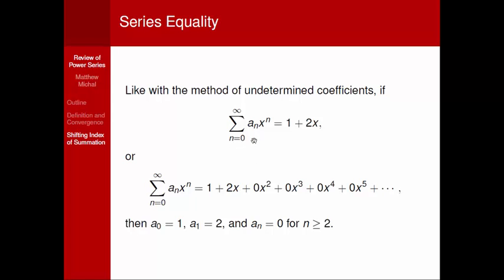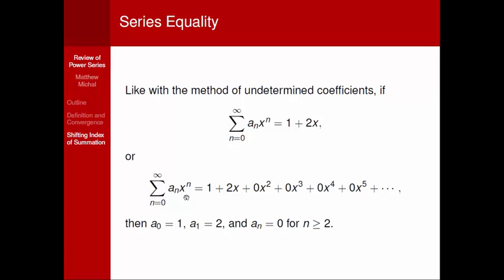This is the infinite polynomial from a constant at 0, so a0 x to the 0, which is just a0, all the way up to, say, a20 x to the 20, plus a21 x to the 21. Well, if I rewrite this polynomial as 1 plus 2x plus 0x squared plus 0x cubed plus 0 and 0 and 0, that means that the first term in the series is equal to 1.